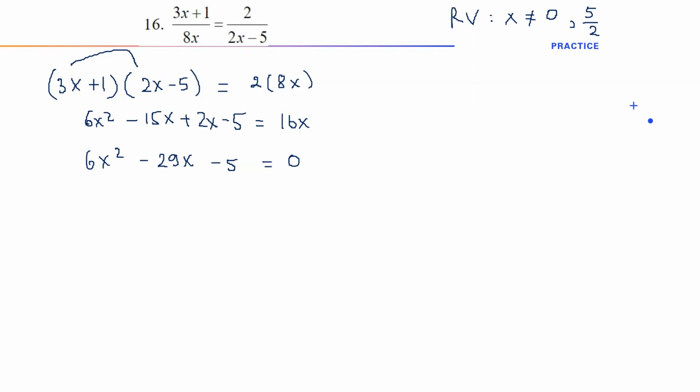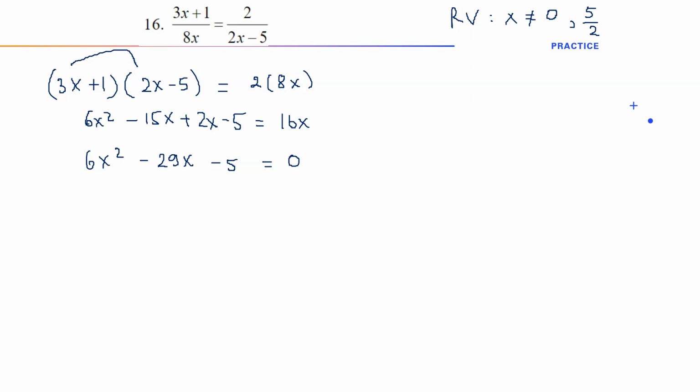We have negative 15x plus 2x is negative 13x, and then we subtract both sides by 16x. On the right hand side we have 0, on the left hand side we have negative 13 add negative 16, so it will be negative 29x.